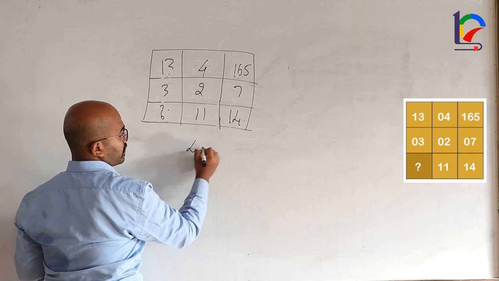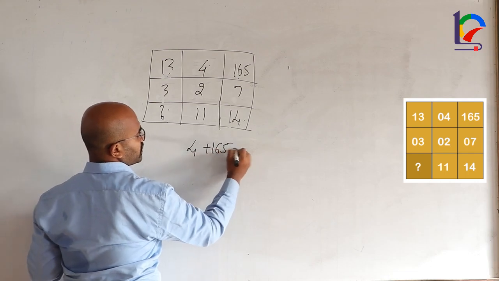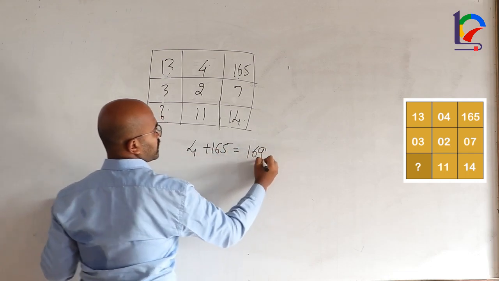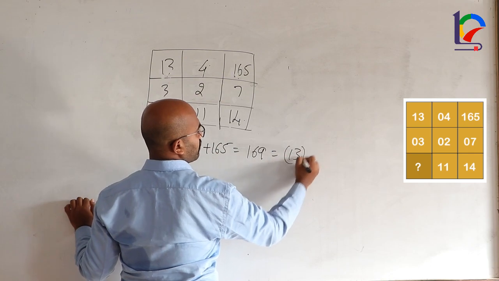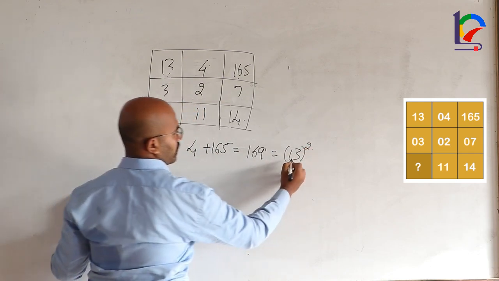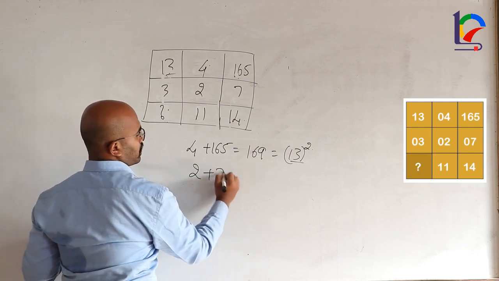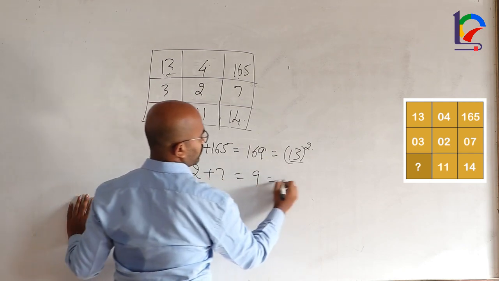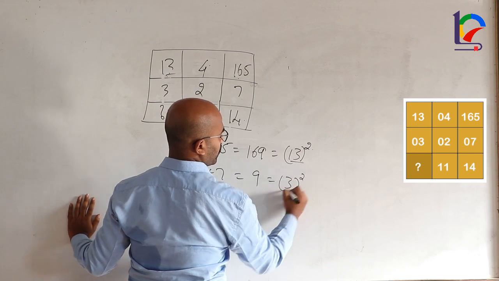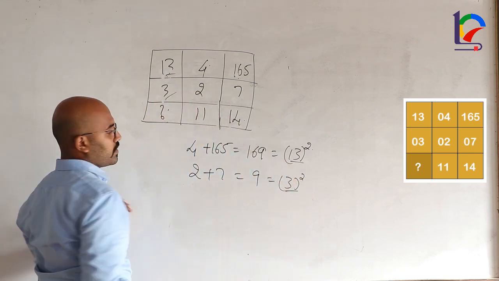So 4 plus 165 is 169, which is nothing but 13 square. Similarly, 2 plus 7 is 9, which is 3 square.